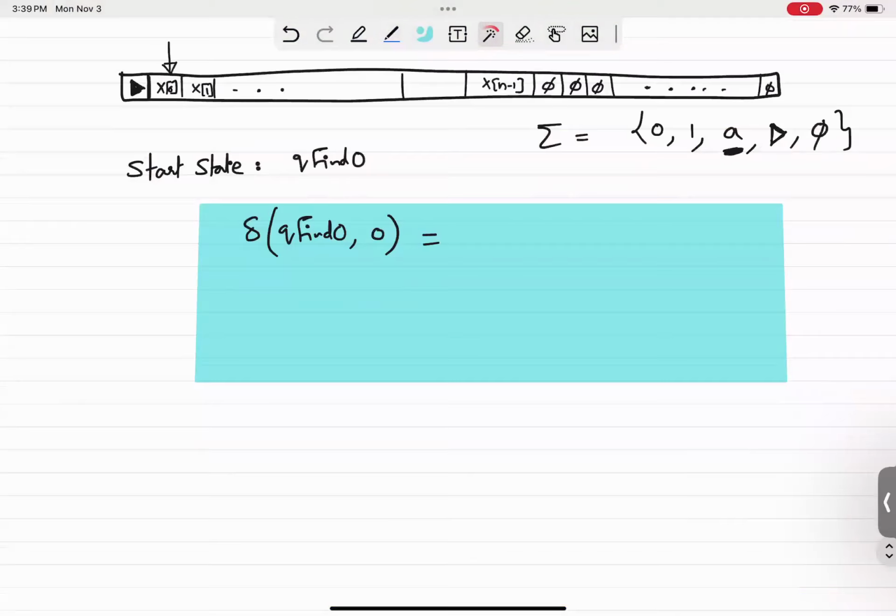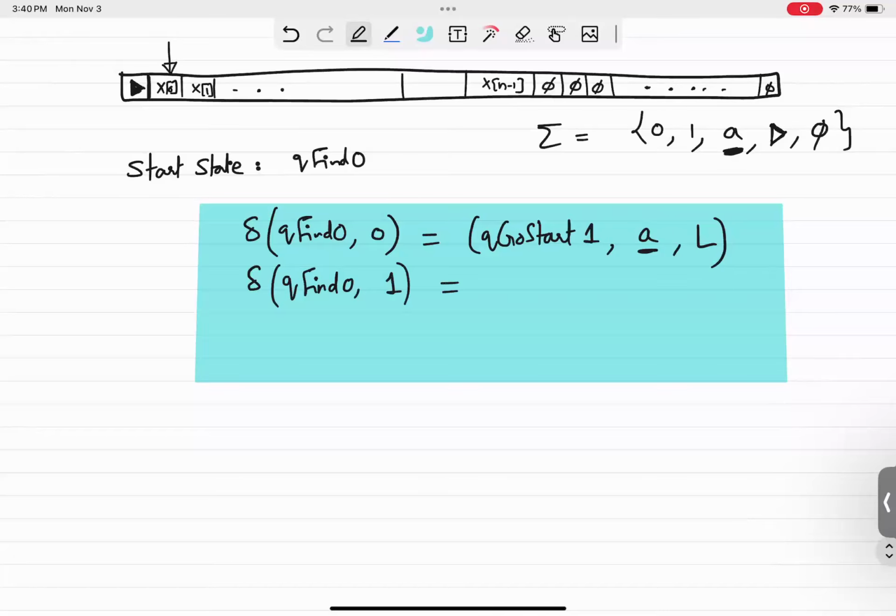So you go to start, look for a 1, A, meaning mark it as seen, and move to the left. I'm looking for a 0.